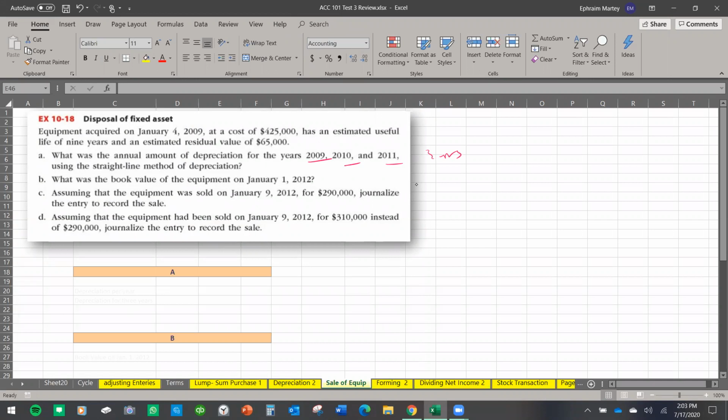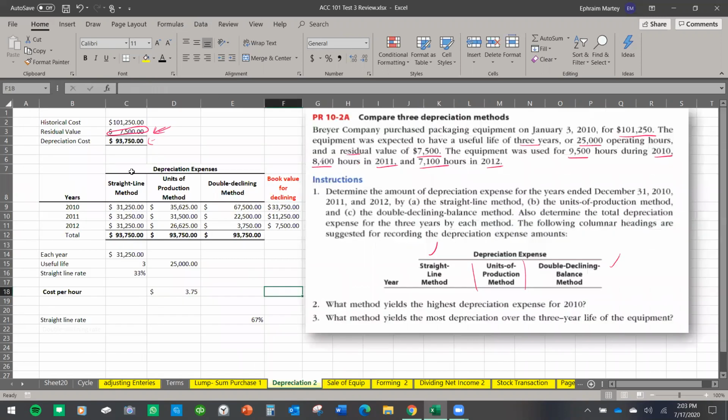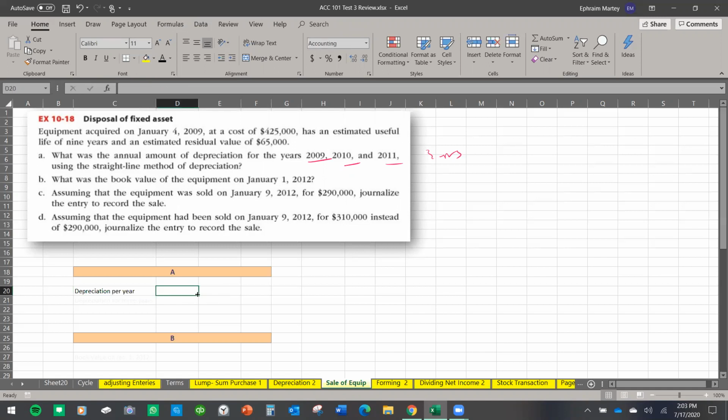Okay, so in order to find depreciation for each year, I need to know my historical cost minus my residual value, just like we did here, and I know my depreciation cost. So I take my 425,000, which is my historical cost, minus my residual value, 65,000.